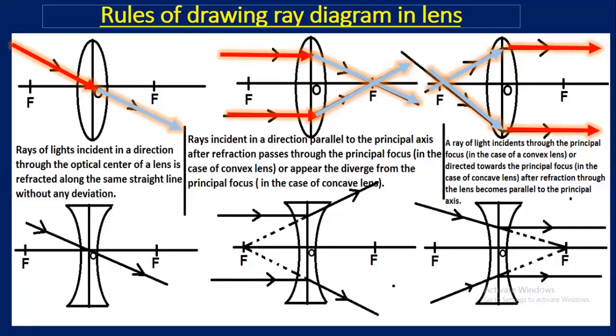And if the incident ray passes through the focus, then the refracted ray will be parallel to the principal axis. These are all the 3 rules. We show this by using a ray diagram. In the upper side are the rules for the convex lens, and for the concave lens the rules are shown in the bottom side of this diagram. That's all the 3 rules.